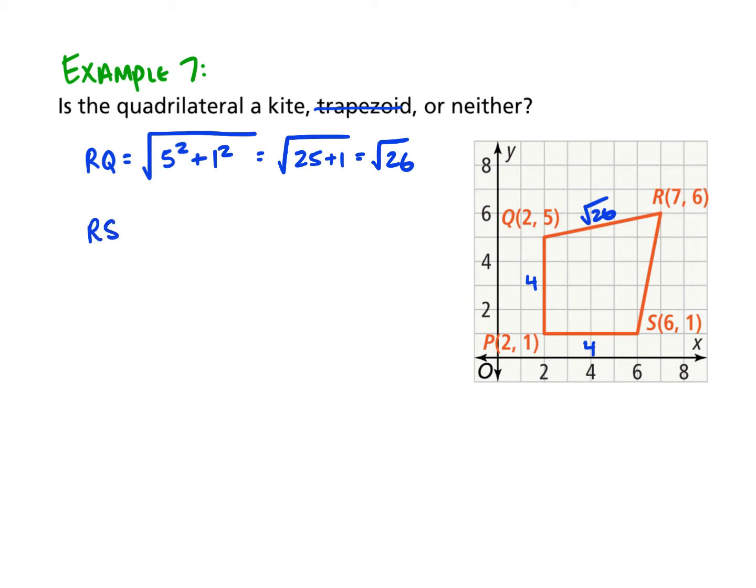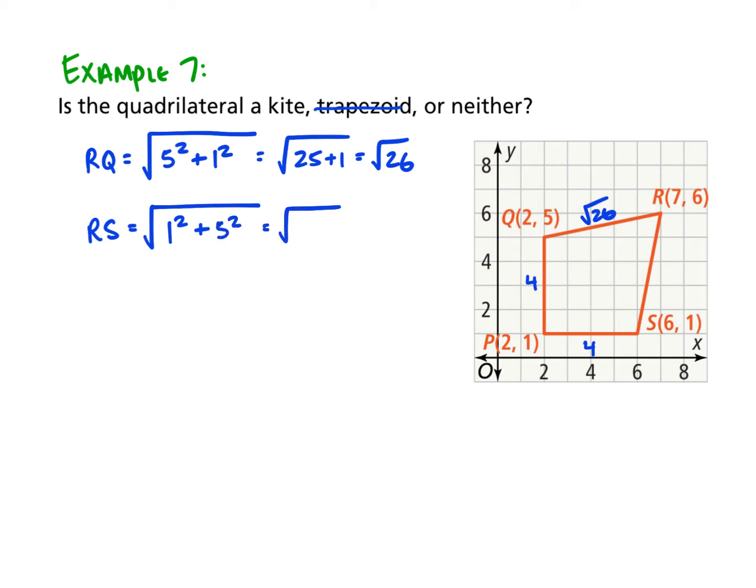Now let's do RS. The difference in the x's is 1 because this x is 7 and this x coordinate is 6. So I'll have 1 squared at the beginning of my distance calculation. The y's have a difference of 5, 6 and 1.